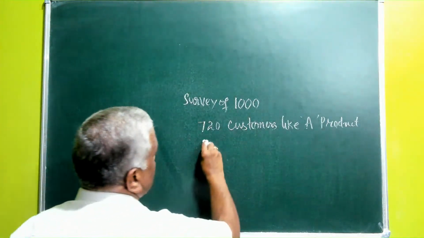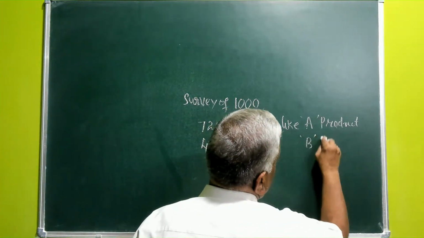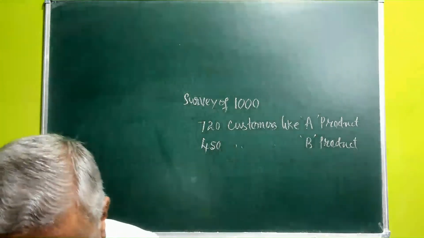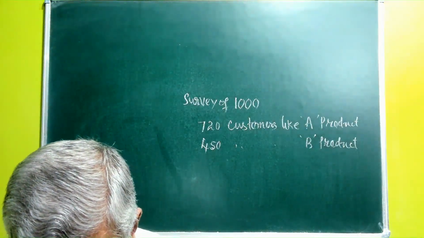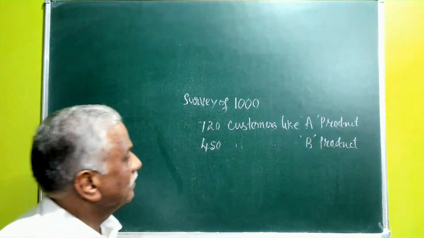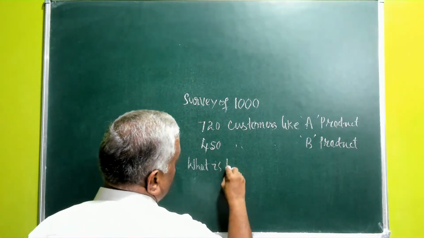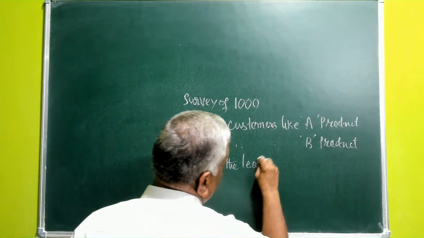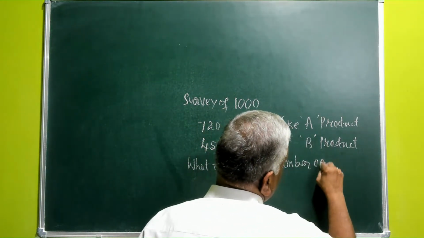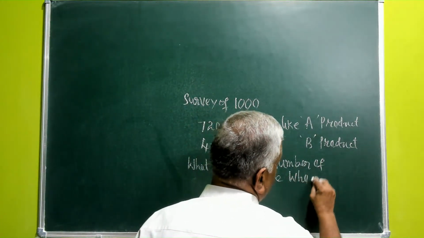And 450 customers like B product. What is the least number of people who like both the product?